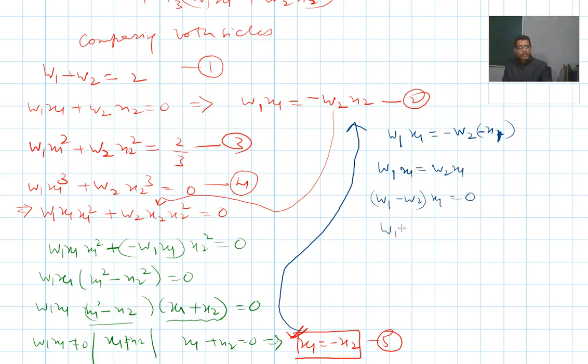So it means w1 minus w2 is equal to 0, which implies w1 is equal to w2, and let us call this equation number 6.